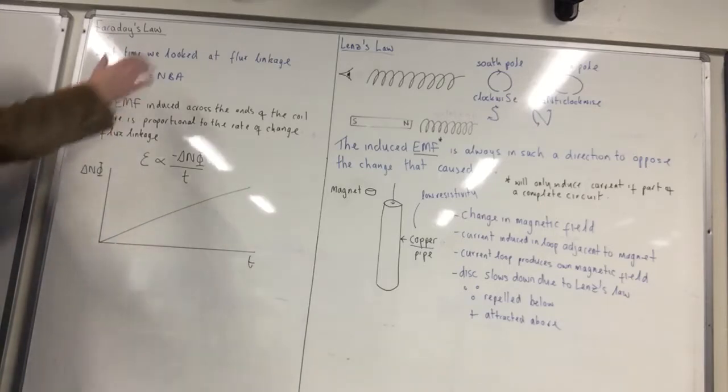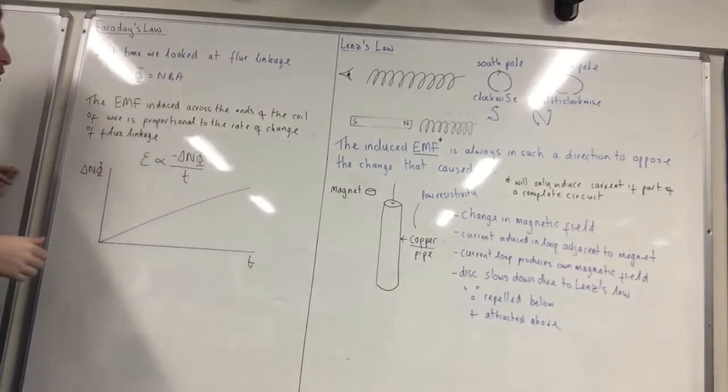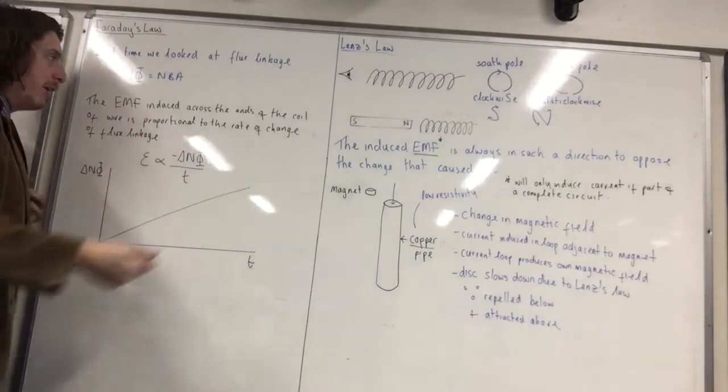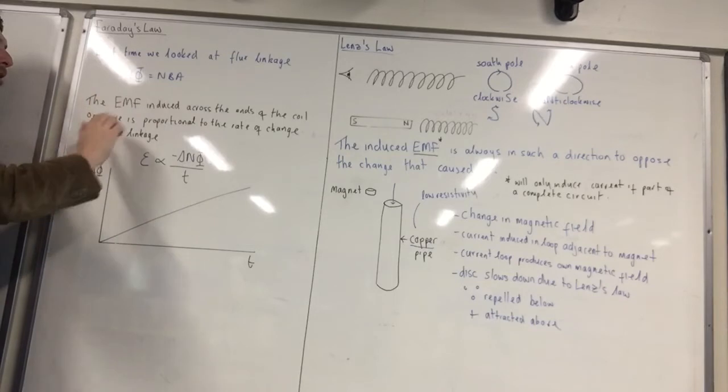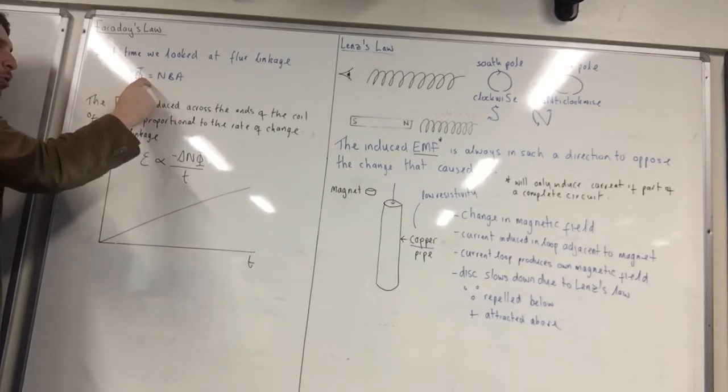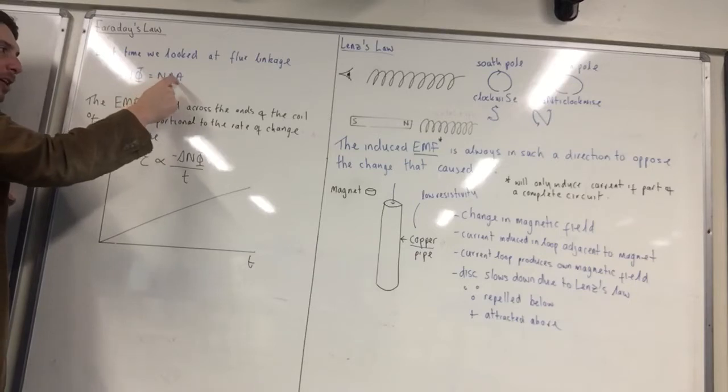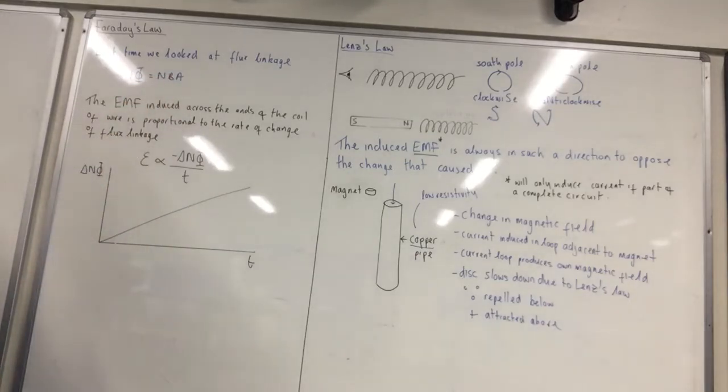So Faraday's law. Last time we looked at flux linkage, and that's the idea for a coil of wire: flux linkage, that's one term, N phi, is equal to the number of turns on a coil multiplied by the magnetic flux density multiplied by the area.